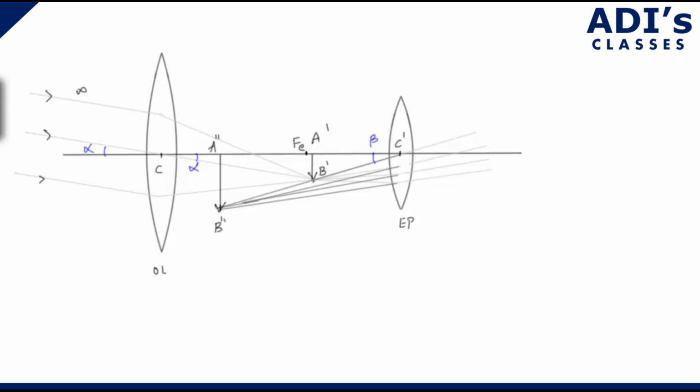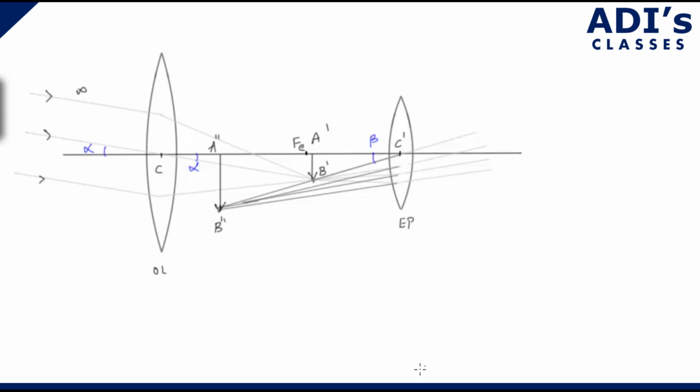So this is beta. Now first we need to know what is the magnification power for a telescope. It is defined as the ratio of the angle subtended at the eye by the image formed at the least distance of distinct vision to the angle subtended at the eye by the object lying at infinity when seen directly.